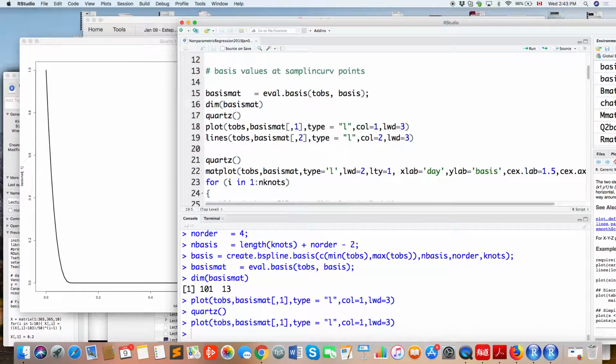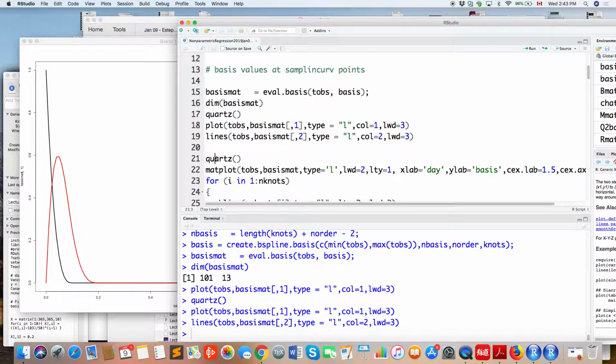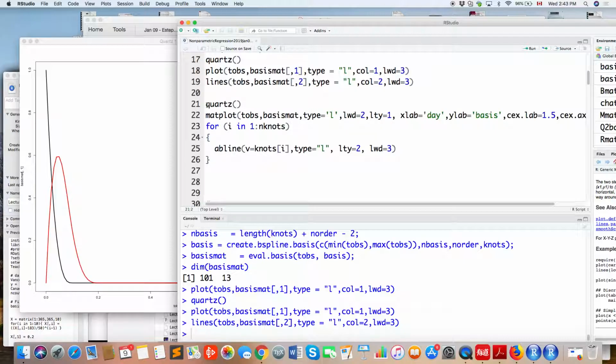Then we can also plot the second basis function. The red one is the second basis function. And now I can also plot all the basis functions.